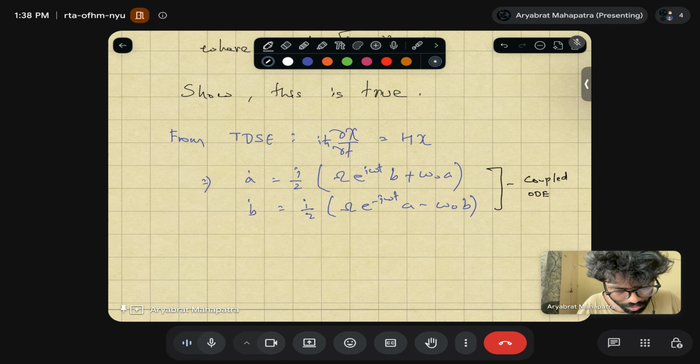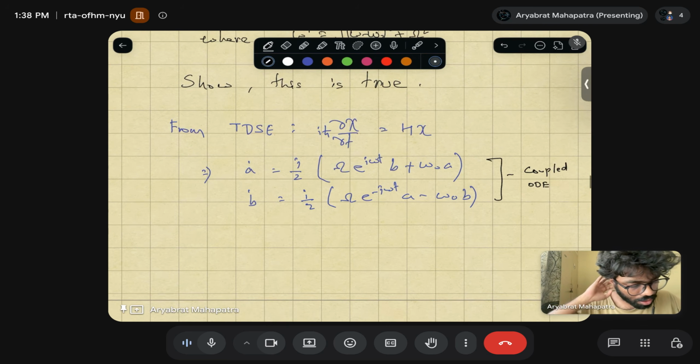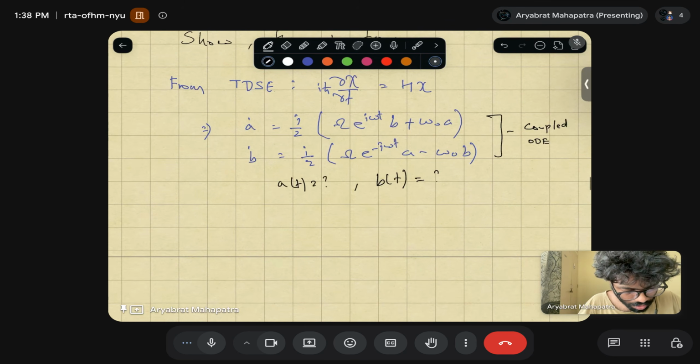If these are your coupled ordinary differential equations, and we want to know what A of t and B of t are, then the first thing you have to do is decouple them.